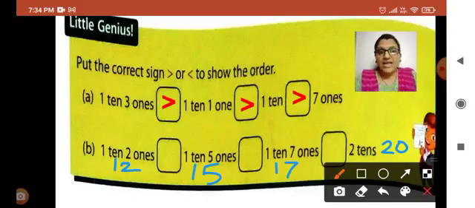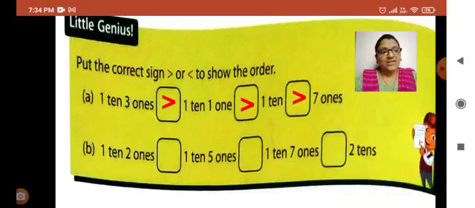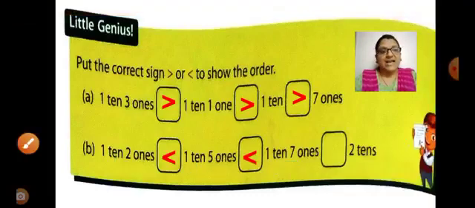Here 12 is less than 15. 15 is less than 17. 17 is less than 20. Hence, we will give less than signs in the boxes. Have you understood this, children? Yes. Let us move ahead.